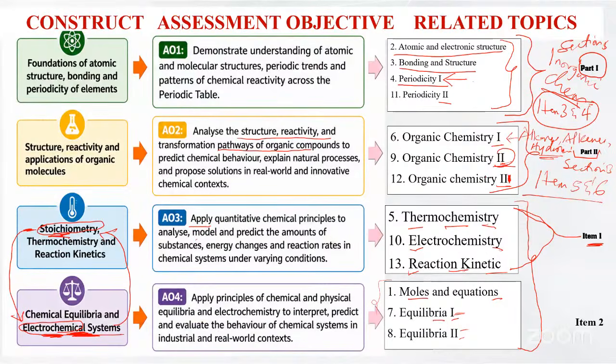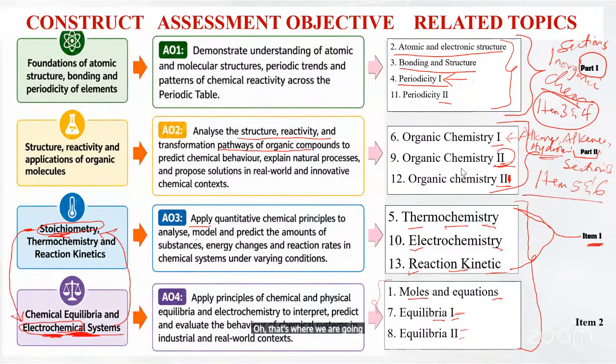How about organic? Organic chemistry is up there. Check assessment objective number 1. I wanted to know what the maximum steps involved in the synthesis of organic compounds are. Oh, that's where we are going.